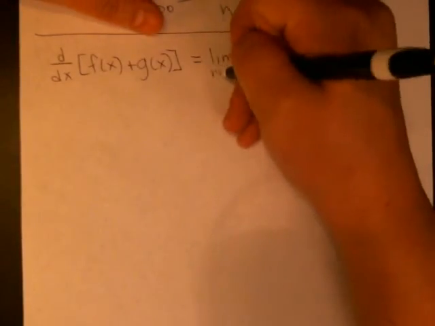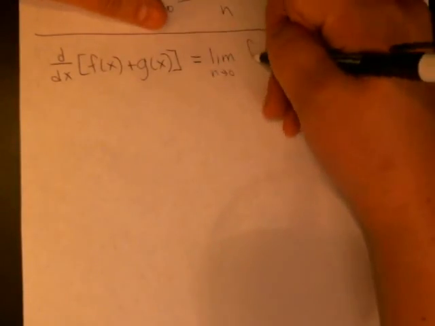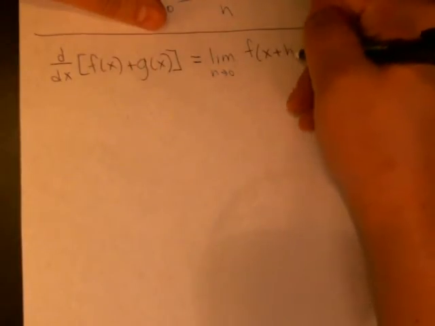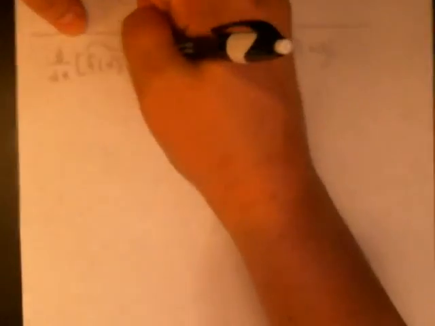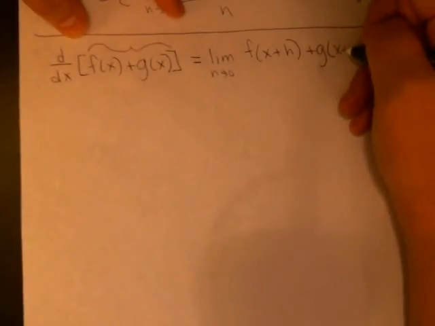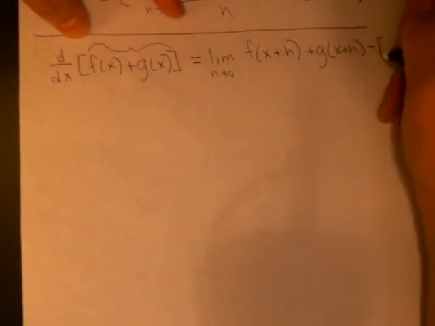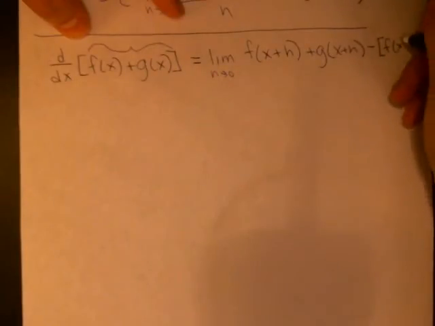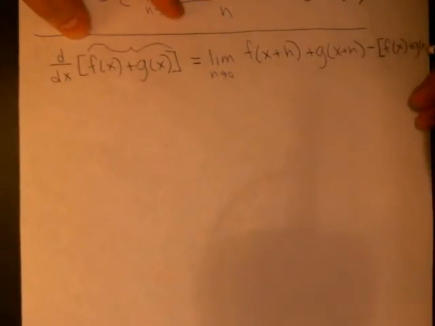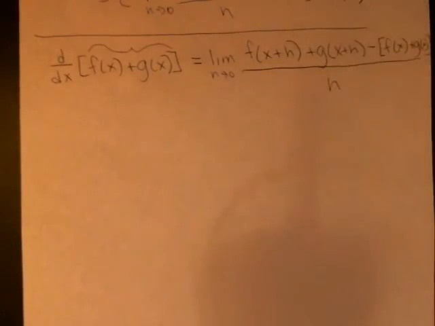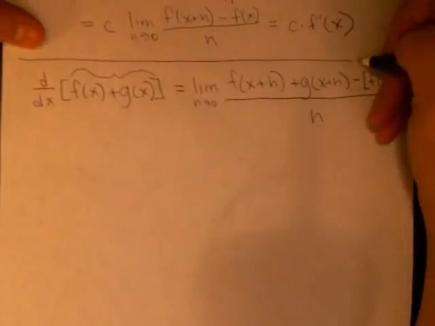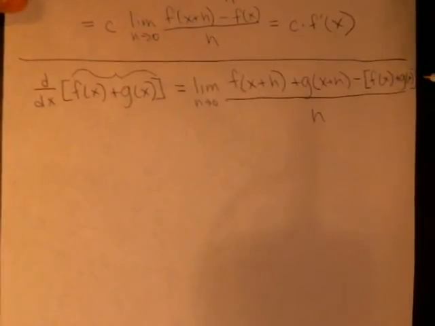So we go back to our limit definition, and we get first our function, f plus g, evaluated at x plus h, and then we need to subtract off the original function, f of x plus g of x, all over h. Our goal is to figure out how this relates to f prime and g prime.